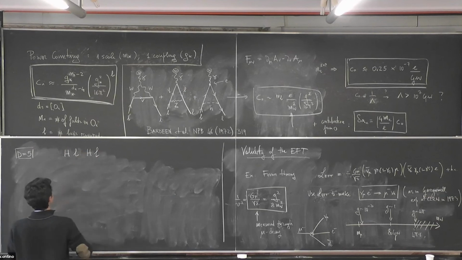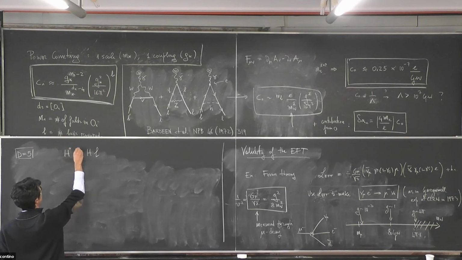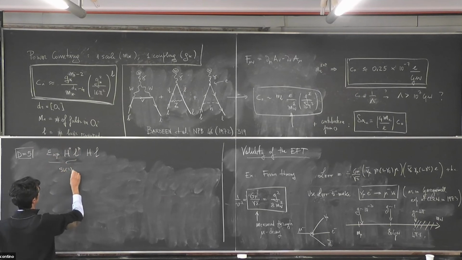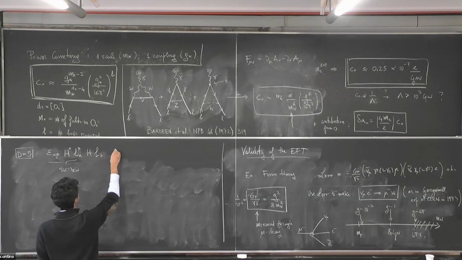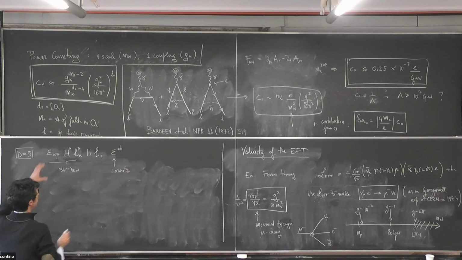Each of these pairs has hypercharge 0, because this has hypercharge minus 1/2, this has hypercharge plus 1/2, and then you can contract the SU(2) indices with an epsilon alpha beta tensor, and make an SU(2) left, or electroweak, doublet singlet. And then there will be Lorentz indices which are contracted, which makes a singlet of Lorentz.